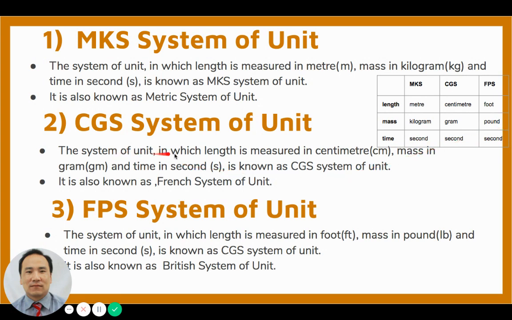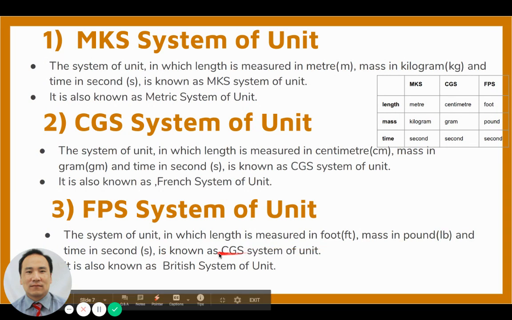The CGS system is also known as the French system of unit, and the FPS system is also known as Britain's system of unit.